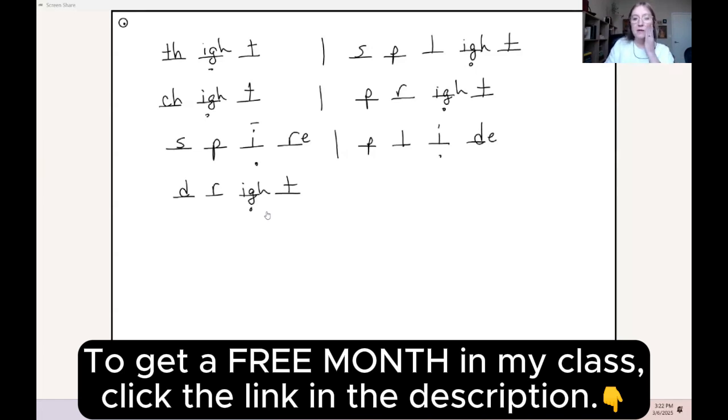Why is the I sound spelled with IGH instead of something else before a T? Yeah, this is the typical pattern that there's a T after it. I don't know why, except for it was a common pattern in the Old English way of spelling words that we just continue to have to this day. So I'm not sure why it's a pattern. It just is. I mean, there might be a why. I just don't know it yet. But I'm still learning all the time. The more I learn, the more I'll share with you.